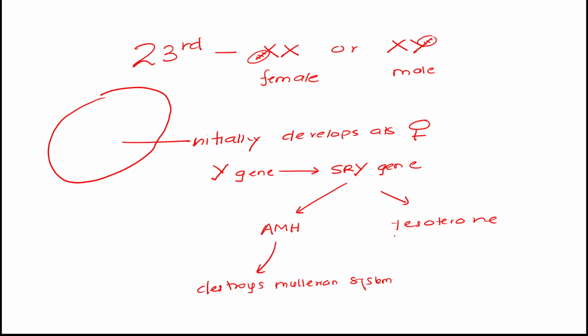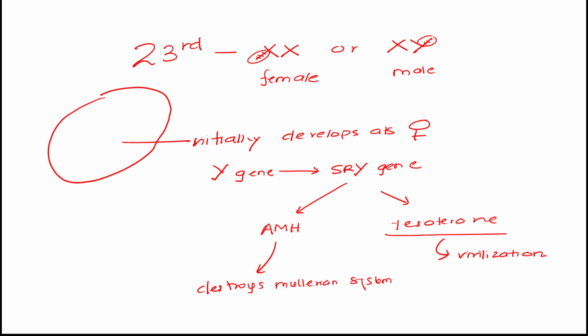Now, testosterone causes virilization of the fetus. What does virilization mean? The term virilization means it causes masculinization of the fetus so that it forms an individual with male characteristics.